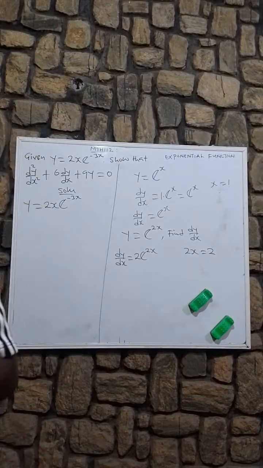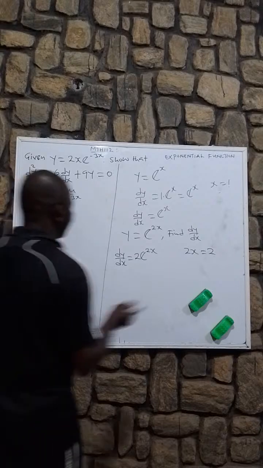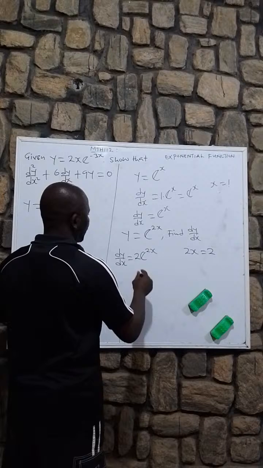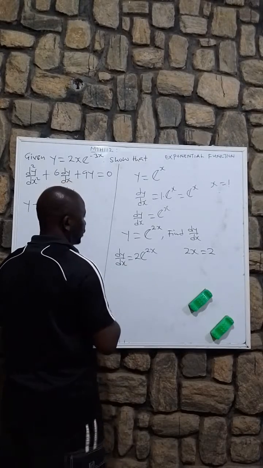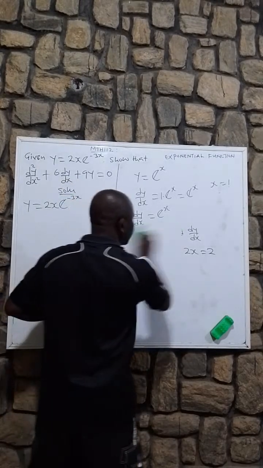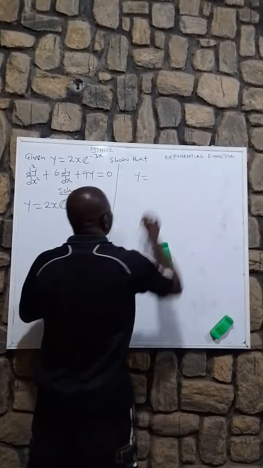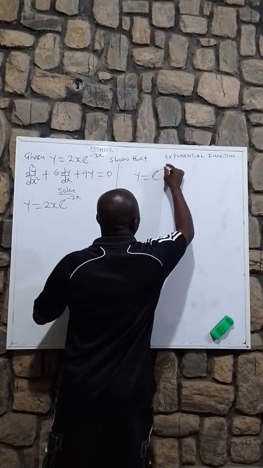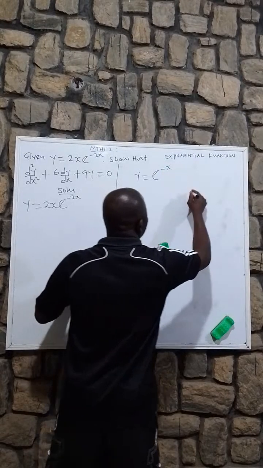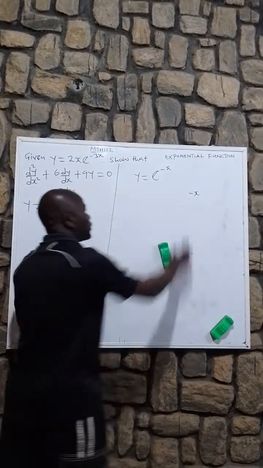Any question? Because we are going somewhere. Then, assuming you have e to the minus x, just assume that you are differentiating minus 1 x.